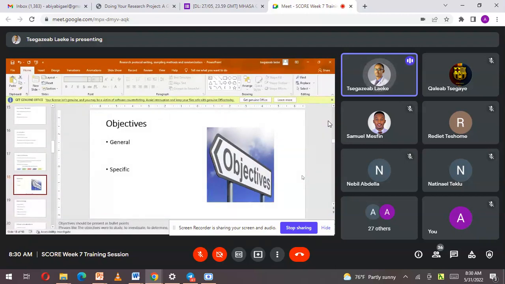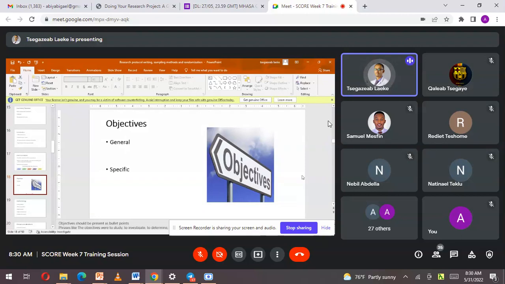And then you proceed to the objectives. So objectives should be presented as bullet points. You have the general objective and then the specific objectives. Whenever we say a general objective, it highlights the overall objective of your research. So it doesn't have to be really detailed, and you don't have to mention many objectives under the general objective.